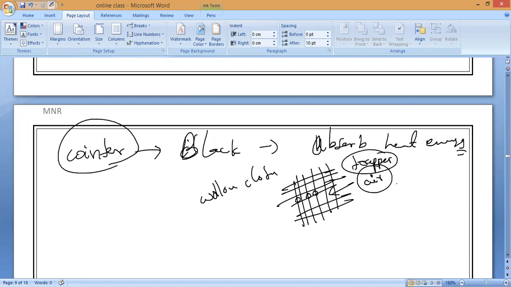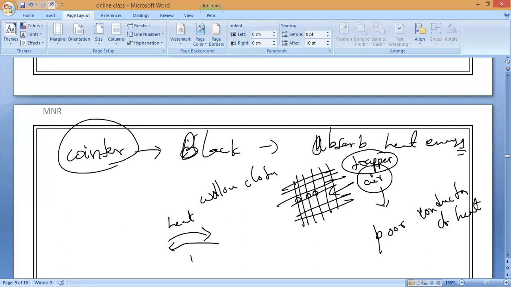Trapped air is a very, very poor conductor of heat. So our body heat cannot come outside, and the outside coldness cannot go inside. Is it okay, guys? Please respond. So cooling cannot go from outside to inside, and inside to outside heat cannot come.